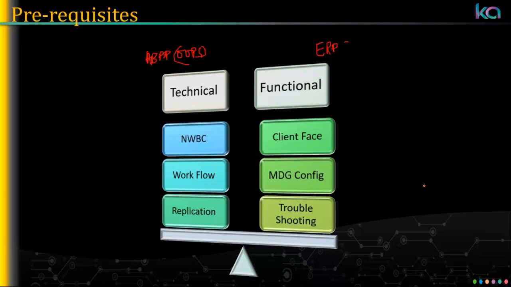Now, being a functional consultant, his primary role would be working with the client. Of course, client facing is a common challenge for all the functional consultants, but here the challenge would come in terms of handling the domain users.